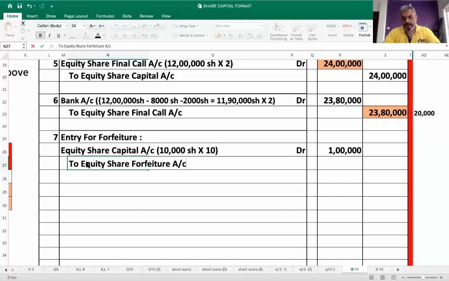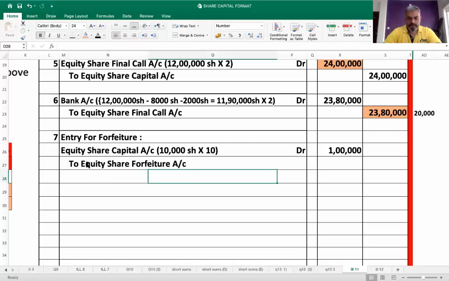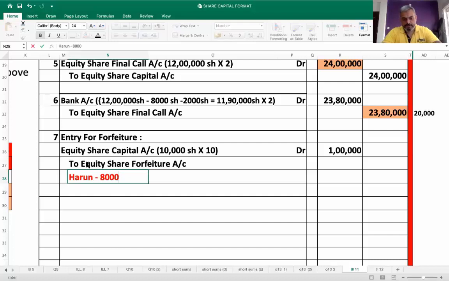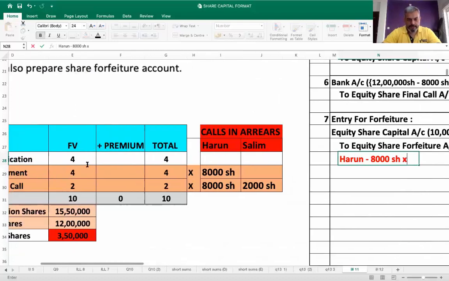Now over here there are 2 shareholders. So I'll write it in the bracket over here. So Harun for 8,000 shares. How much amount did Harun pay?